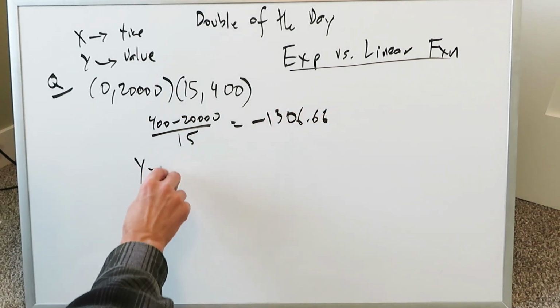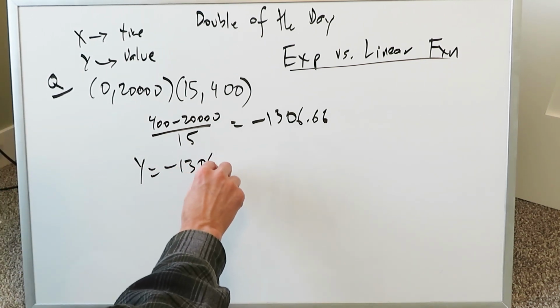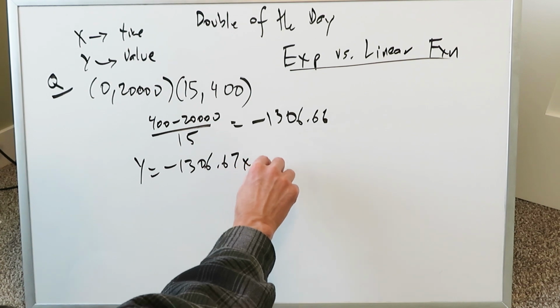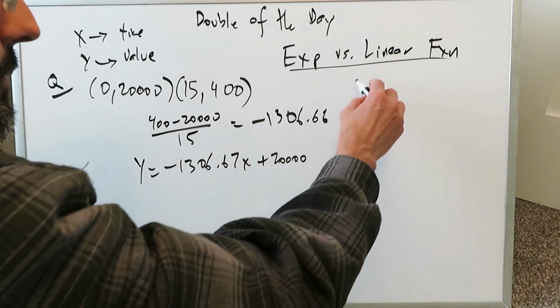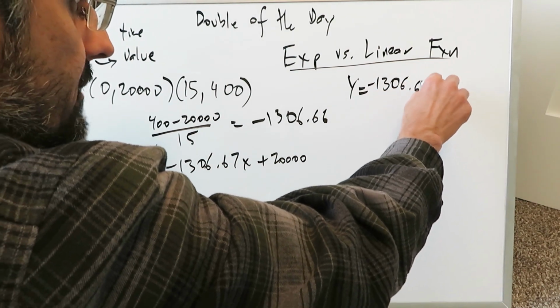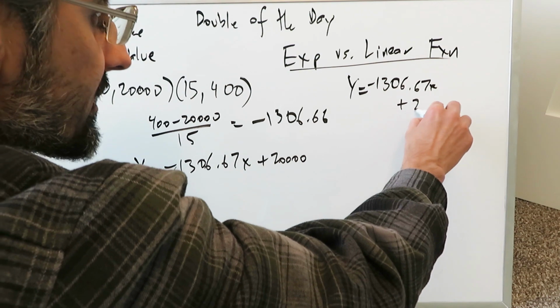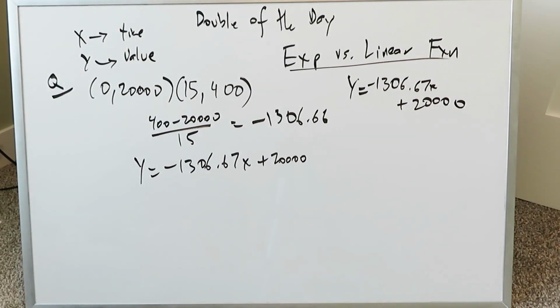And the equation is easy because we have a y-intercept. We have minus 1306.67x plus 20,000. That represents the linear equation, and we'll set it aside. It could be a good one or it could be a bad one in terms of how accurately it depicts the value of a car over time, but that is the linear equation.